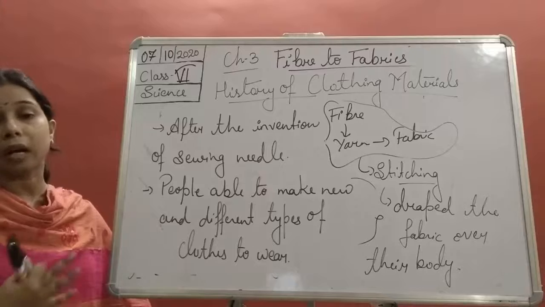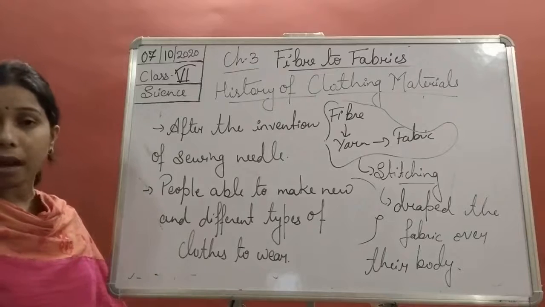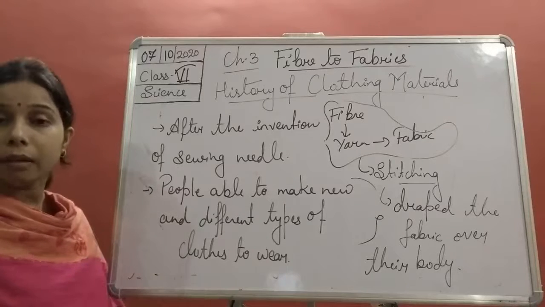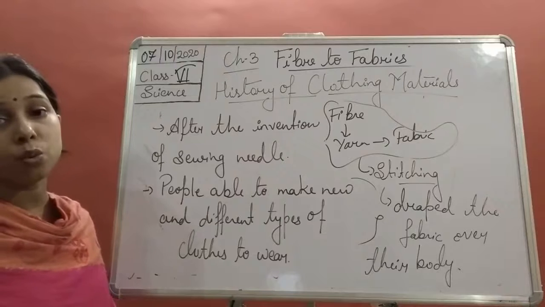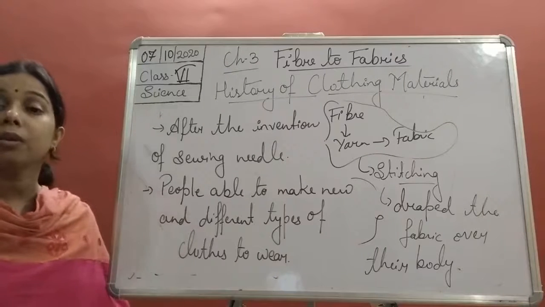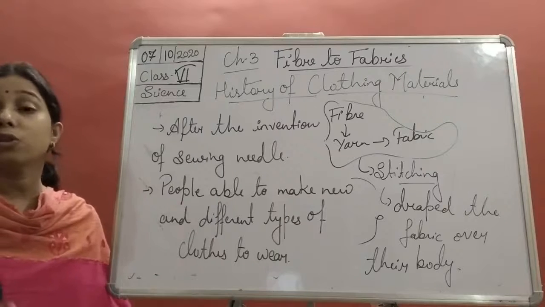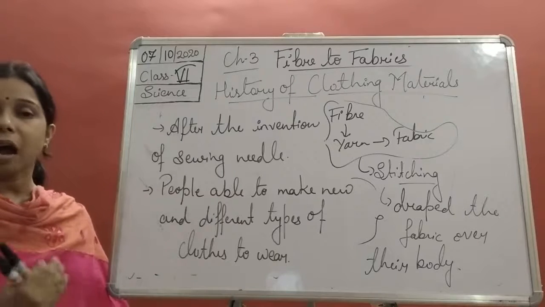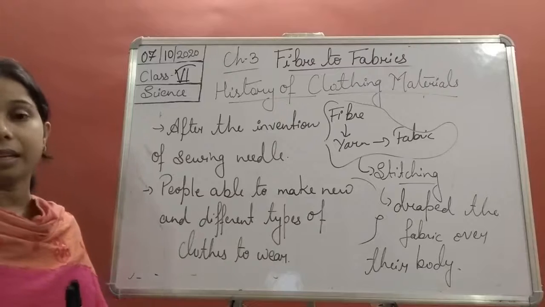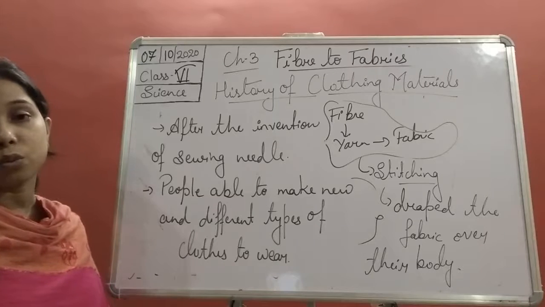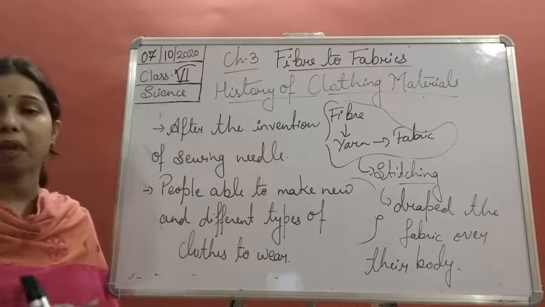Earlier the people were not knowing at all about cloth, but later on gradually they understood the fiber, they understood the yarn, how to convert the fiber into yarn, then to fabric, and finally after the discovery of the sewing needle, they understood how they can make a new fabric.